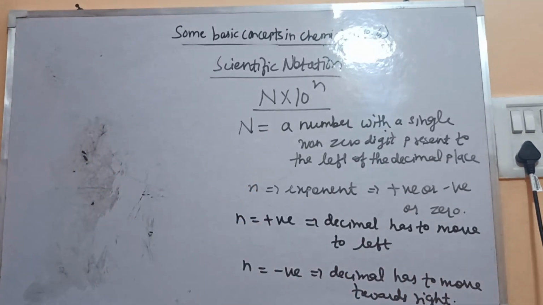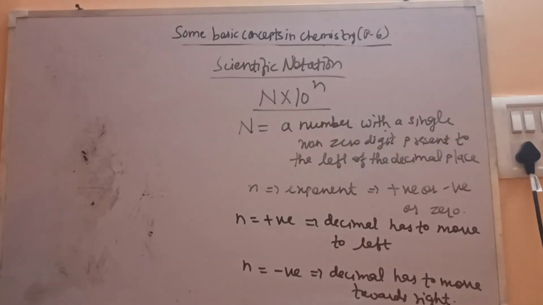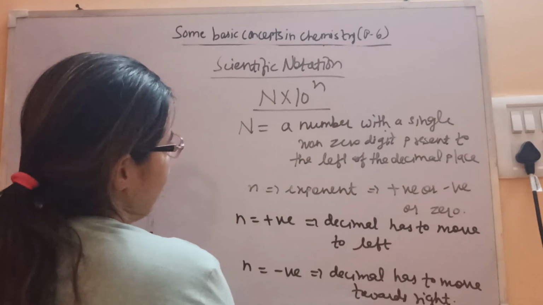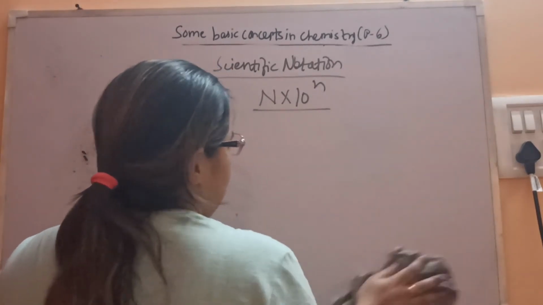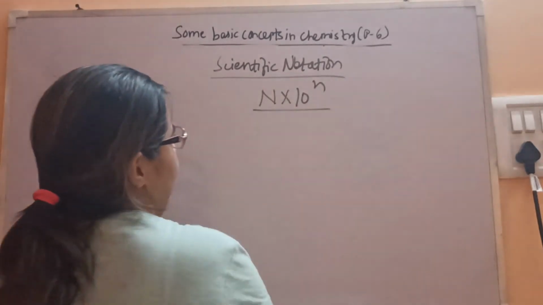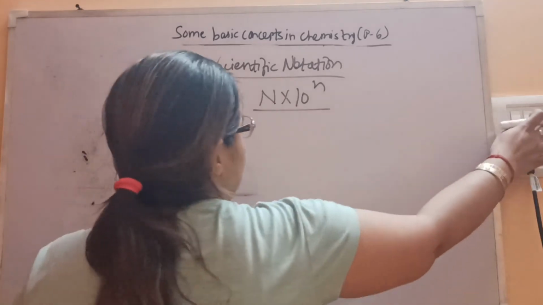So this is how we will represent the number. Then we will represent any number with the help of this scientific notation, to remove that ambiguity whether it is having significant figures or not.